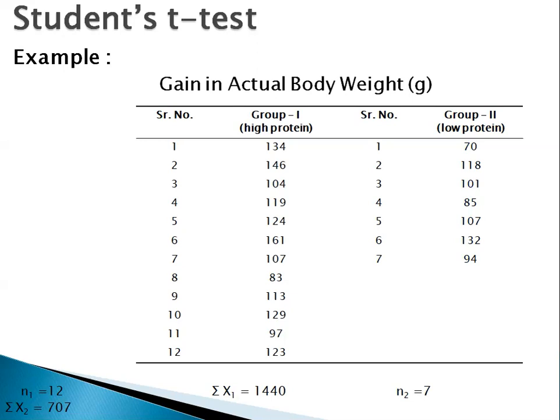So for group 1 we have n1 equal to 12, and for group 2, n2 is equal to 7, and the summation of x1 is equal to, we have to sum all these figures, so we will get the value 1440. If you sum all these values, we will get the value 707.